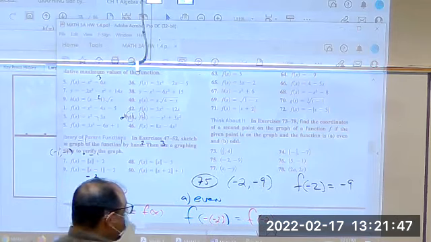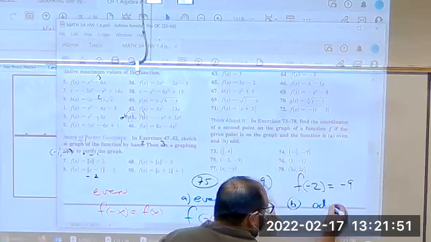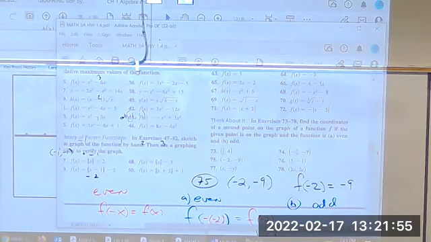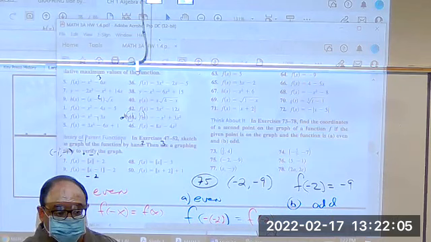And this next one, for b, if it's odd, both change signs. If x, y is on the original, then the opposite of the x and the opposite of the y is now on your other side of the function. You change both signs.